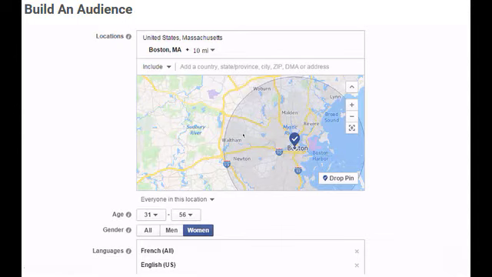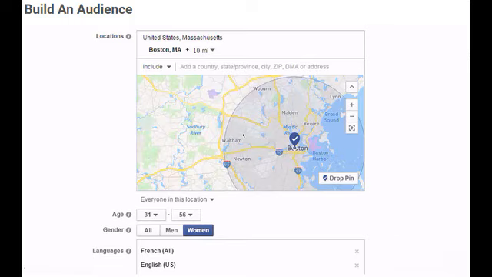And then we can choose. As an example, in this case, I want to choose everybody within 10 miles of Boston, age 31 to 56, who are women and who speak French. So this is very specific, but this audience is not an open audience. It's based on the customers who have already been in the business, in the location, and these are real customers, and these are the best targeted people to market to.